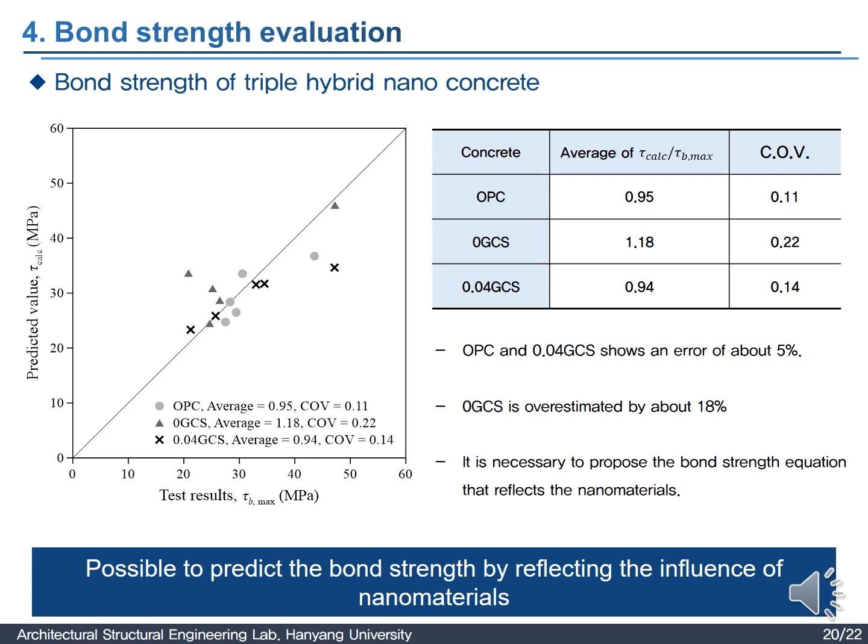For this region, it is considered that the agglomeration phenomenon occurs due to the non-incorporation of GO, and therefore the specimen did not perform properly. In the future, it is considered necessary to propose a bond strength calculation formula that reflects the characteristics of nanomaterials.